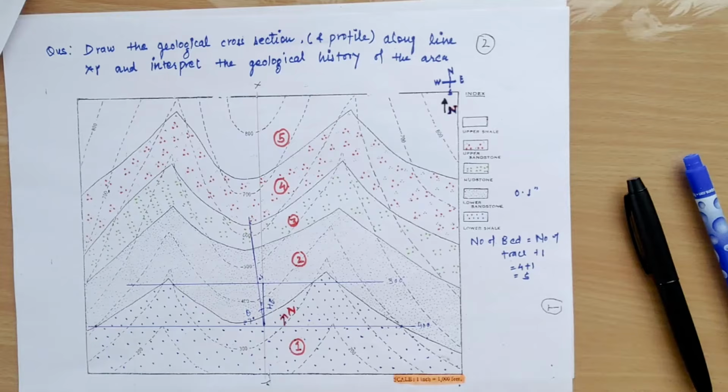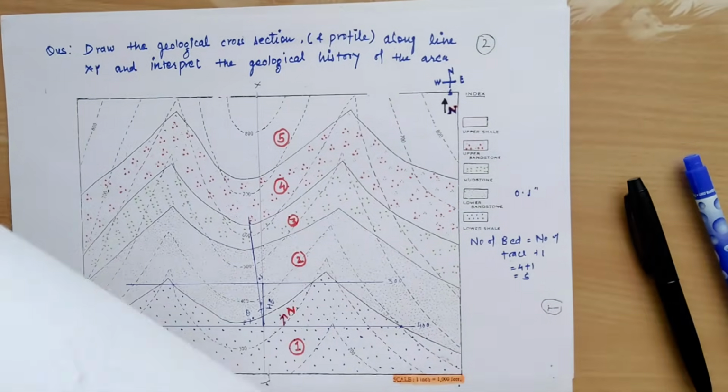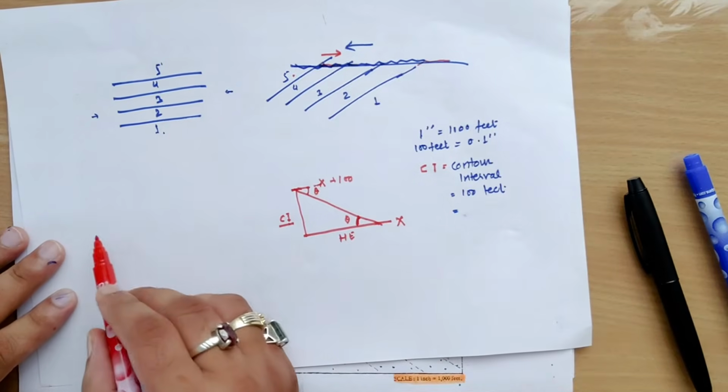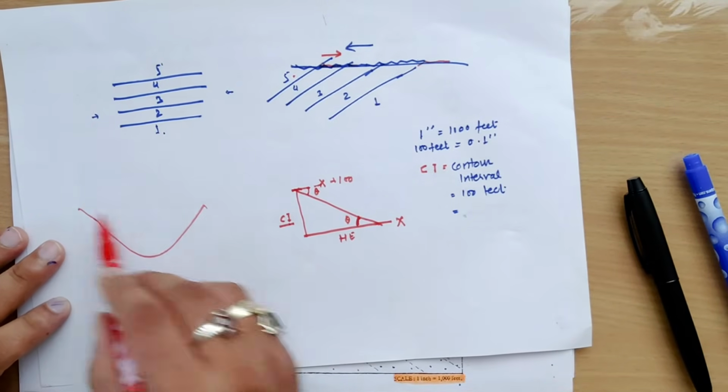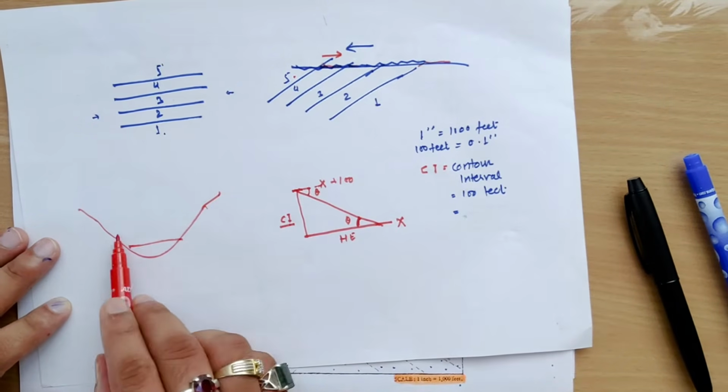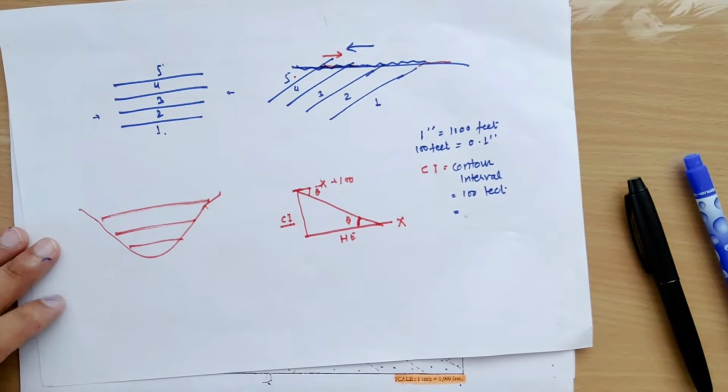Now we can interpret the geological history of the area. These beds are inclined, but we know that whenever deposition takes place, it takes place in a horizontal manner. If any deposition occurs in a sedimentary basin, the nature of deposition is horizontal. The beds are initially deposited in a horizontal manner.